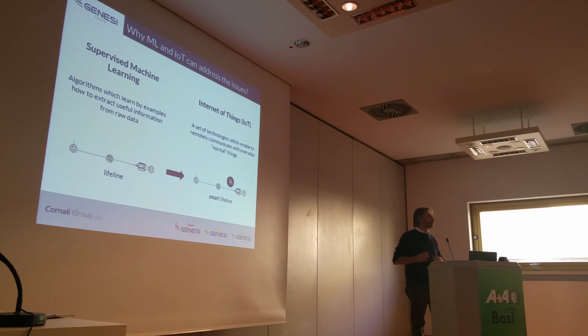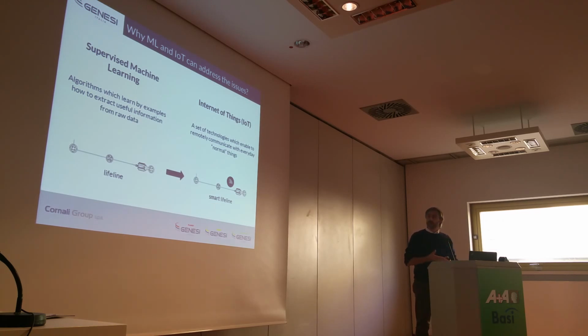So let's think of raw data as the acceleration data that we collect with the accelerometer, and let's think of the useful information as the worker presence that we need. Just to make a little example, these sort of algorithms, if you've never heard about them, try to simulate how our brain works.